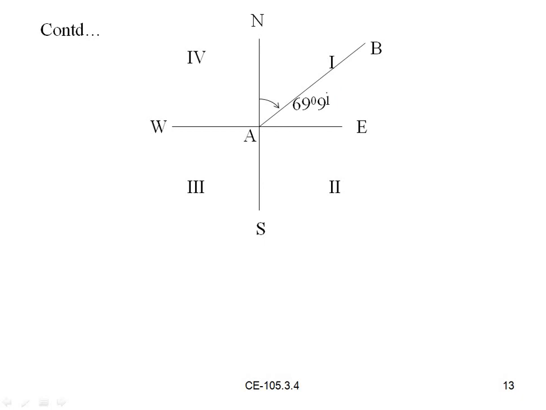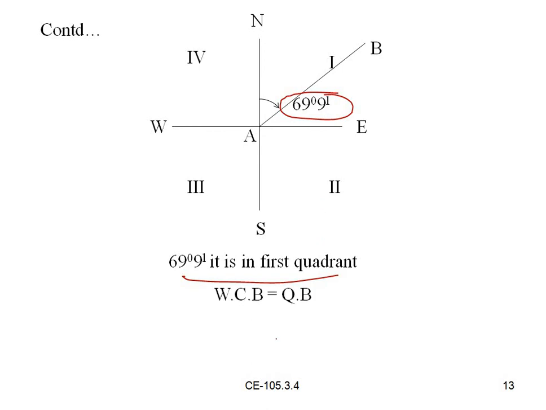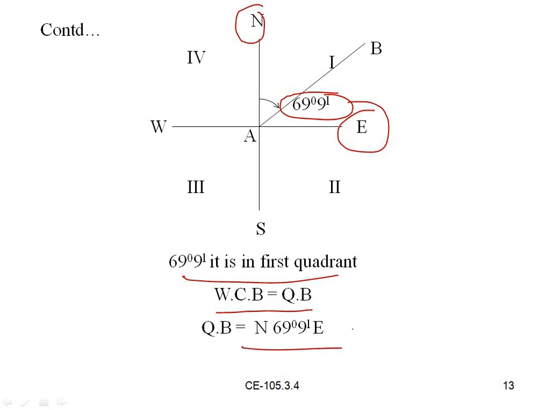The next one is 69 degrees 9 minutes. So it is in first quadrant. We can write whole circle bearing is equal to quadrantal bearing, that is north east 69 degrees 9 minutes east.